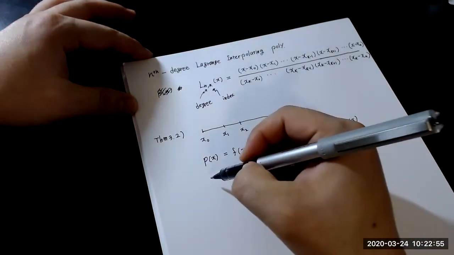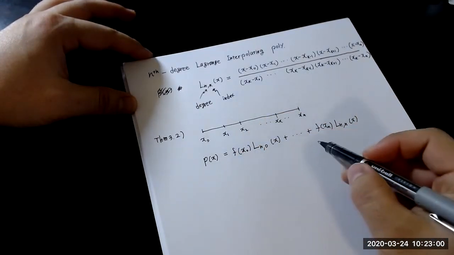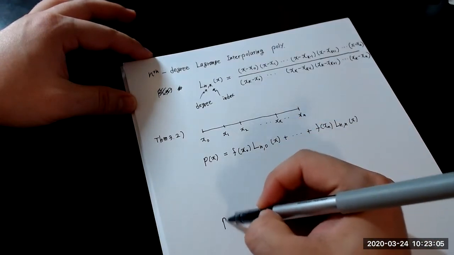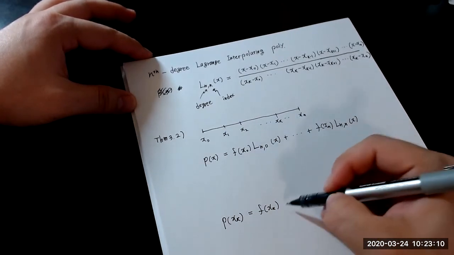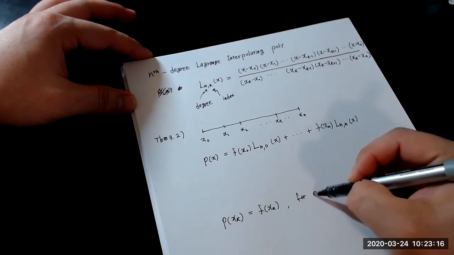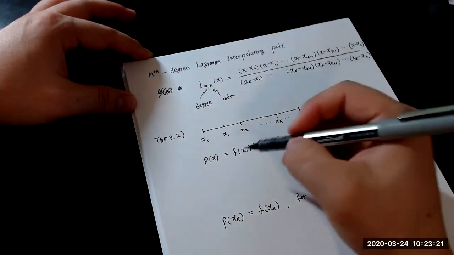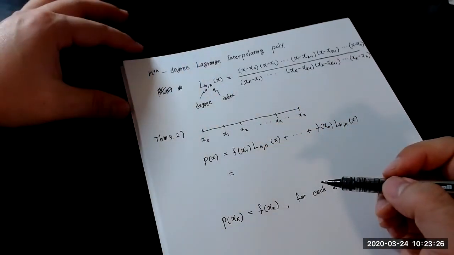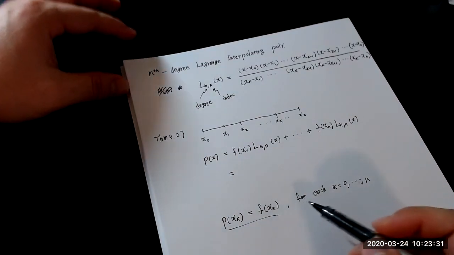which means that once you define it like this, then p(xk) must be equal to f(xk) for each k, from 0 through n. And this polynomial p(x) of degree n satisfying this condition is unique.